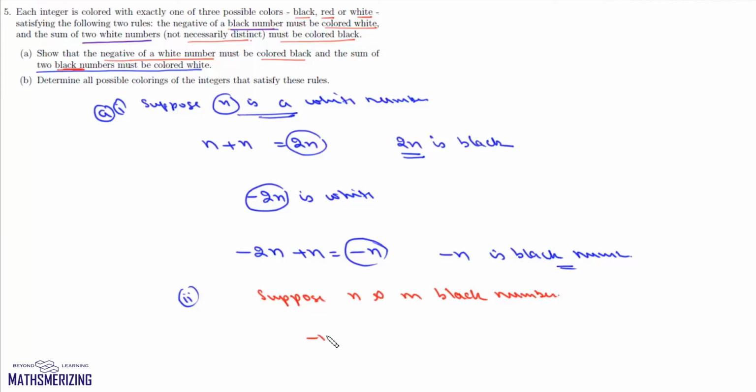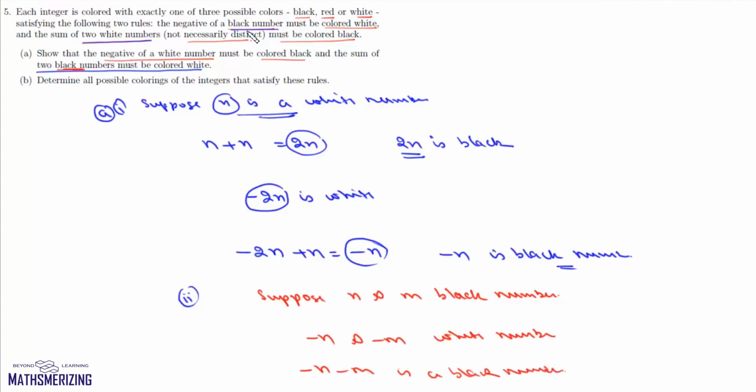So minus n and minus m, they are white numbers. Now we'll add them, we'll get minus n minus m. So sum of two white numbers is a black number. So minus n minus m is a black number.